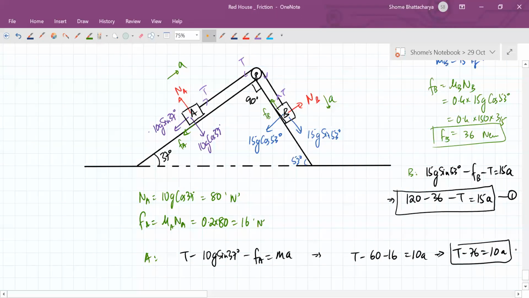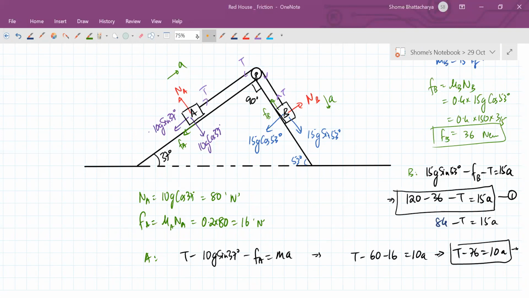This is our second equation. And the first is 84 minus T is equal to 15a. Sorry, not 156, my mistake, it is 84. So now just add these two equations and you get the answer.